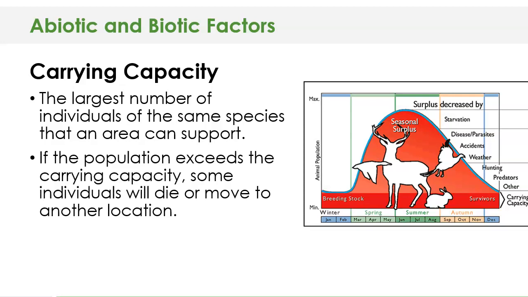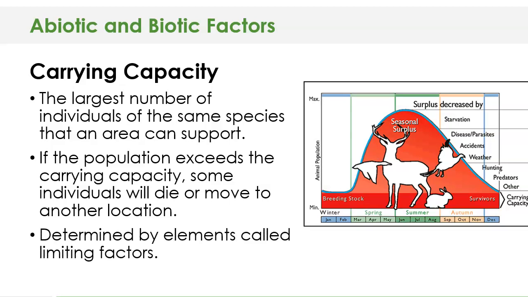If the population exceeds or goes above this carrying capacity, some of the individuals are going to end up dying. The ecosystem just can't support them. If they don't die, it's probably because they end up leaving to go to another location. They find another area to live that can support them.